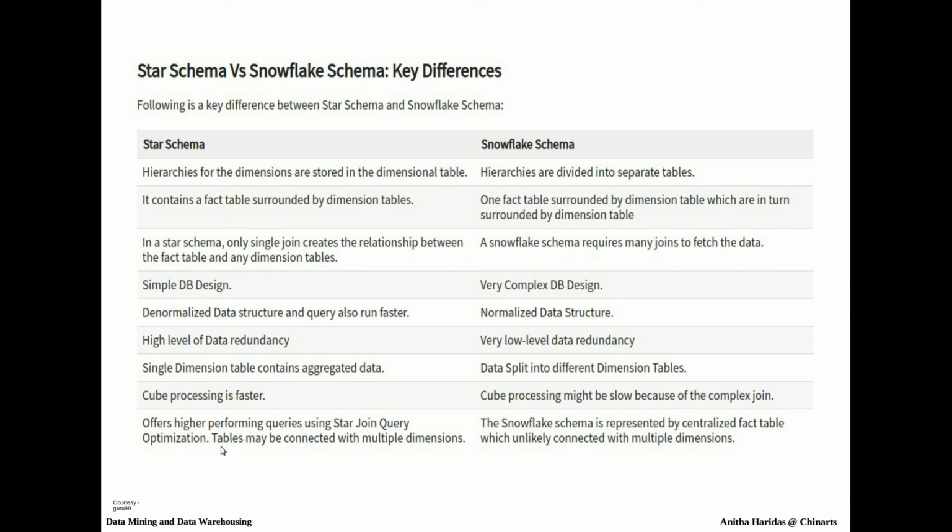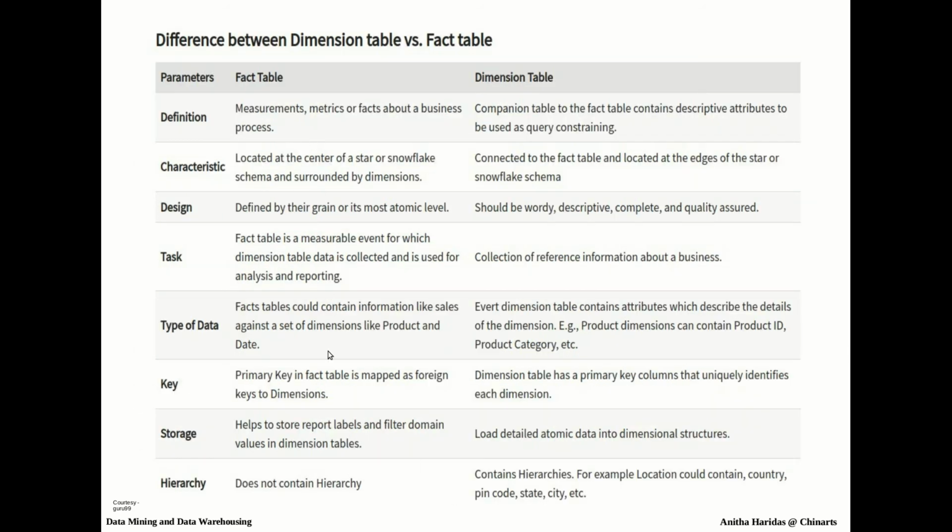And star schema gives you higher performance and optimization also. The tables will be connected with multiple dimensions, whereas snowflake schema is represented by a centralized fact table which is unlikely to be connected with multiple dimensions. So these are some of the differences you can note for the star schema and the snowflake schema. And of course you can also go through the differences between the dimension table and the fact table, right?